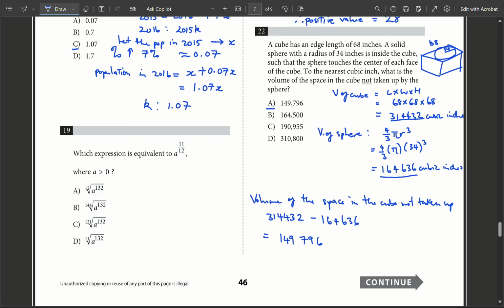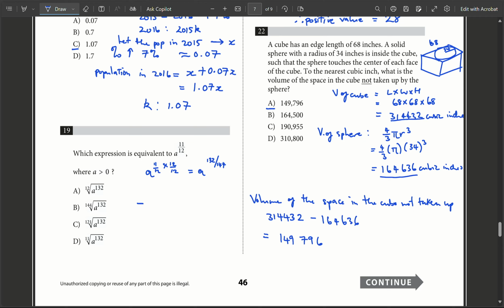And then number 19, which expression is equivalent to a to the power 11/12, where a is greater than 0? Which expression is equivalent? So that would be a to the power 11 over 12. If we look at these answers, there's something that they have in common. If we multiply 11 and 12 by 12, we get a to the power 132 over 144.